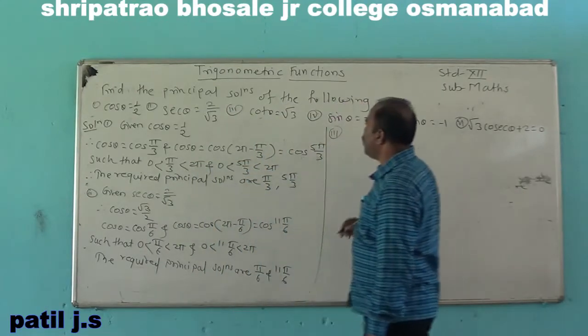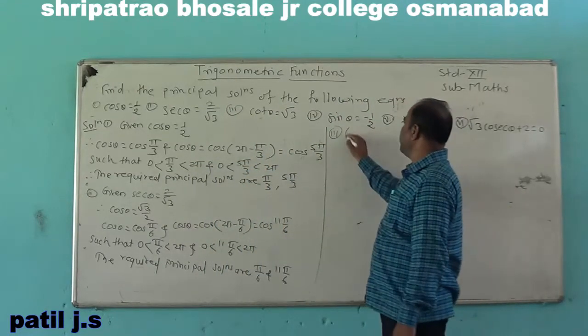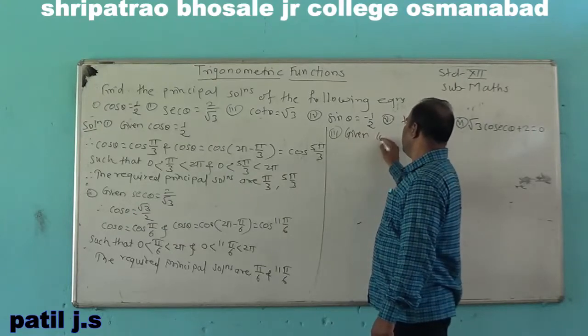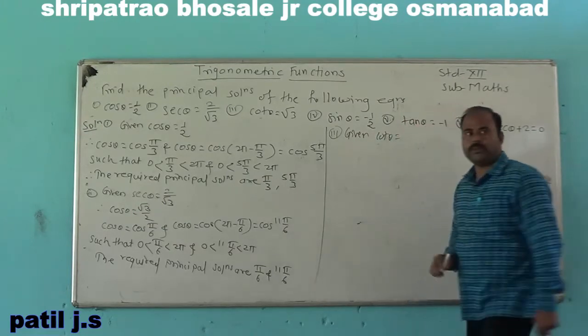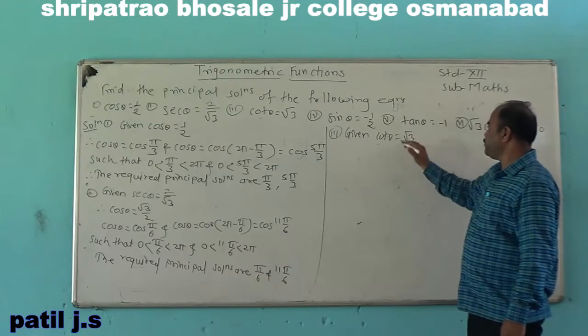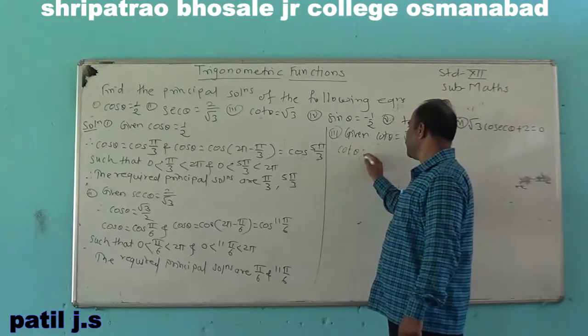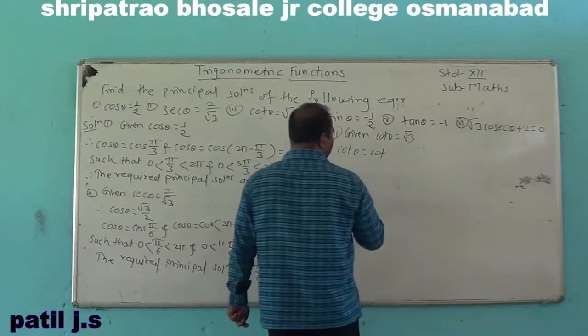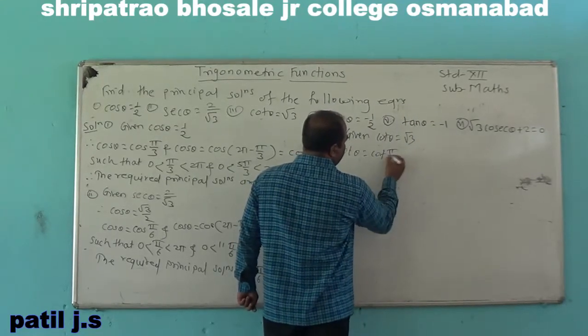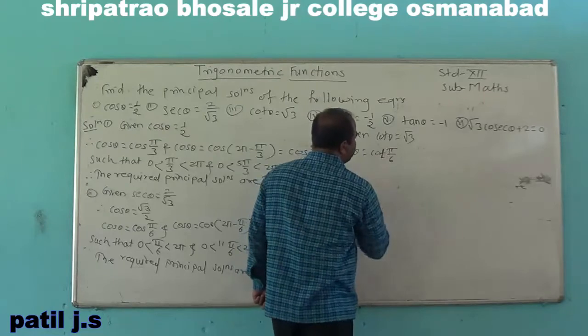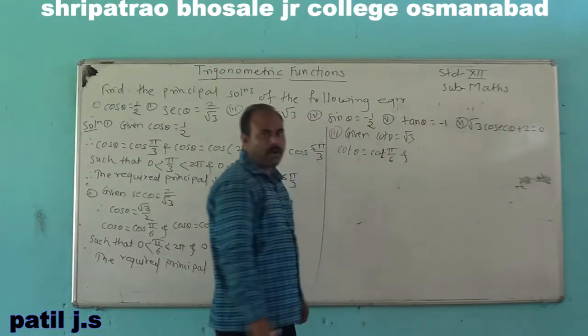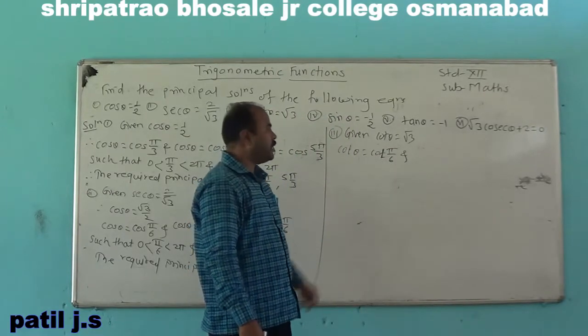cot theta is equal to root 3. Given cot theta is equal to root 3, that means cot theta is equal to cot of pi by 6. But you know that cot theta is positive in the first and third quadrant.